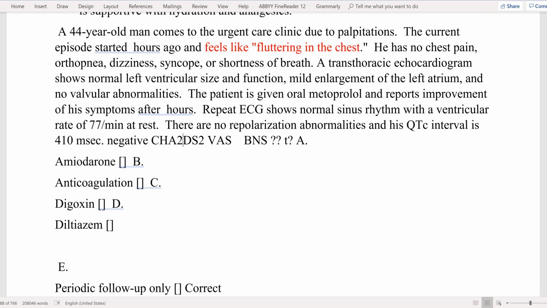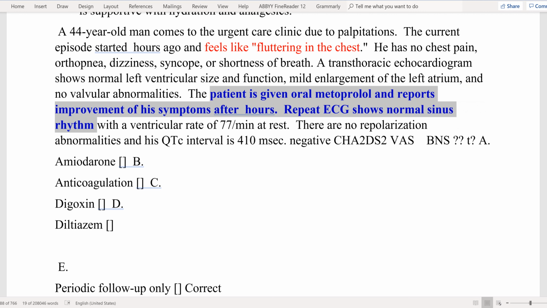Okay. So why not amiodarone? It's long-term control, right? So that's the trick. When they tell you this, that's a big clue. I love this sentence. So he's given oral metoprolol and reports improvement after like 2 hours.